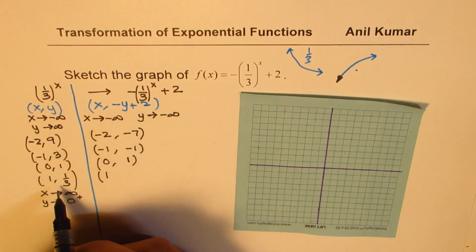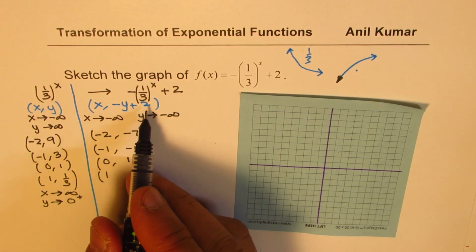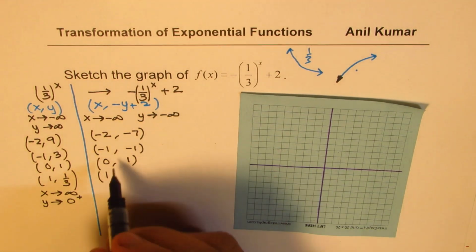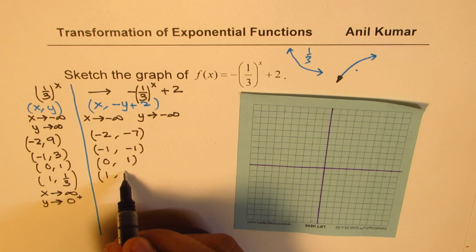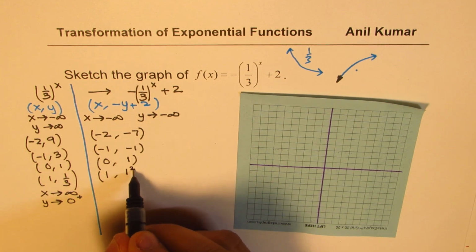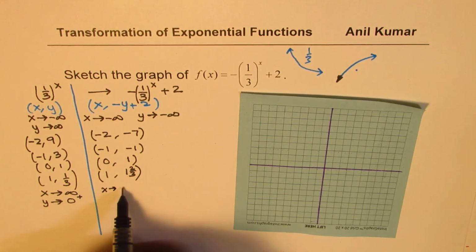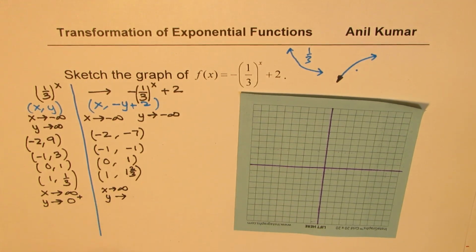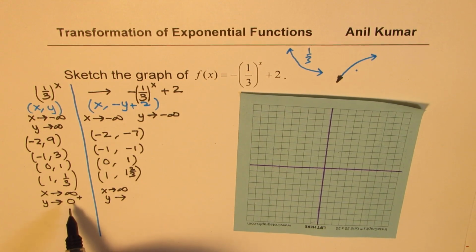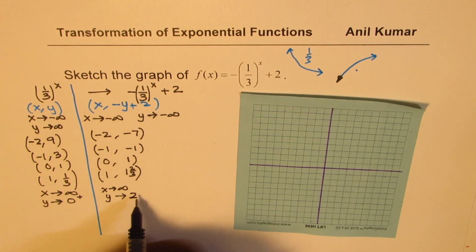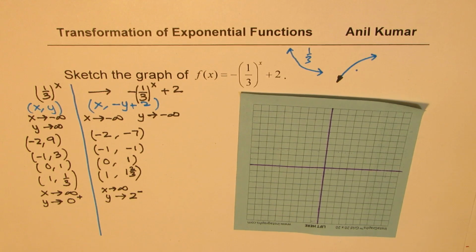For 1, negative 1 over 3 plus 2 means slightly less than 2, which is 1 and 2 over 3. And when x approaches infinity, y will approach what? Instead of 0, we are now saying negative, so it is approaching from the other side, but 2. So it approaches 2 from the negative side. You get the idea. That is how the graph is going to be.